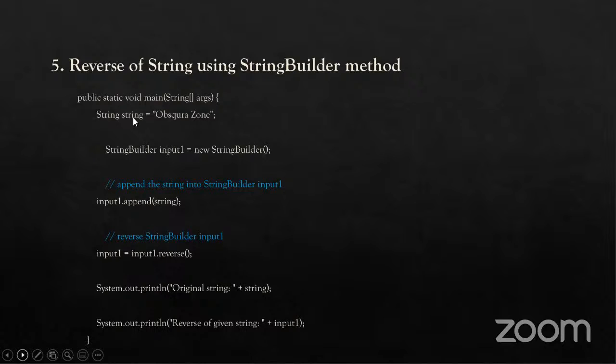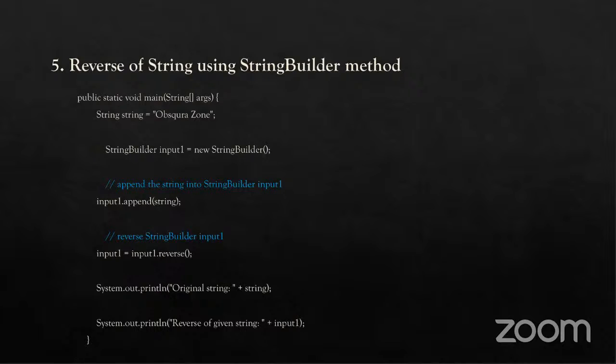Here I am giving "obscura zone" again as the string. We don't need to use a for loop or anything like that. We need to use the StringBuilder method to reverse the string.